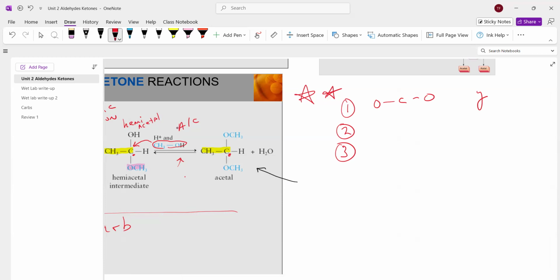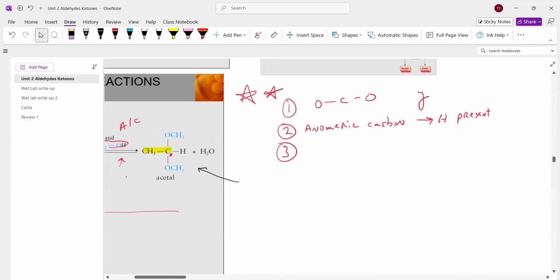So which is it? Step number 2 is on the anomeric carbon. Is an H present? If an H is present, then you have either a hemiacetal or an acetal.